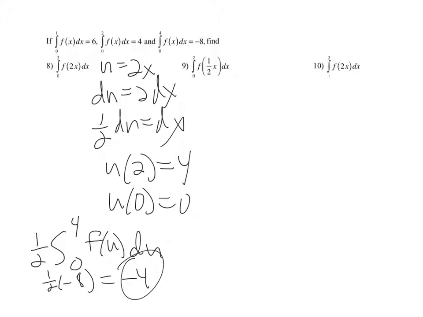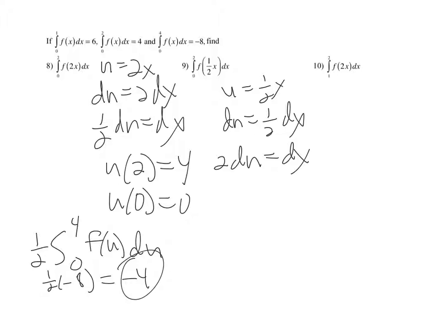Okay. Why don't you think, I'll try to apply that same kind of thinking here for 0 to 2. Notice that's 0 to 2, so we should be able to do something with this to be able to use that 4. So I'm hoping that you said u equals 1/2 x, du equals 1/2 dx, so 2 times du equals dx.